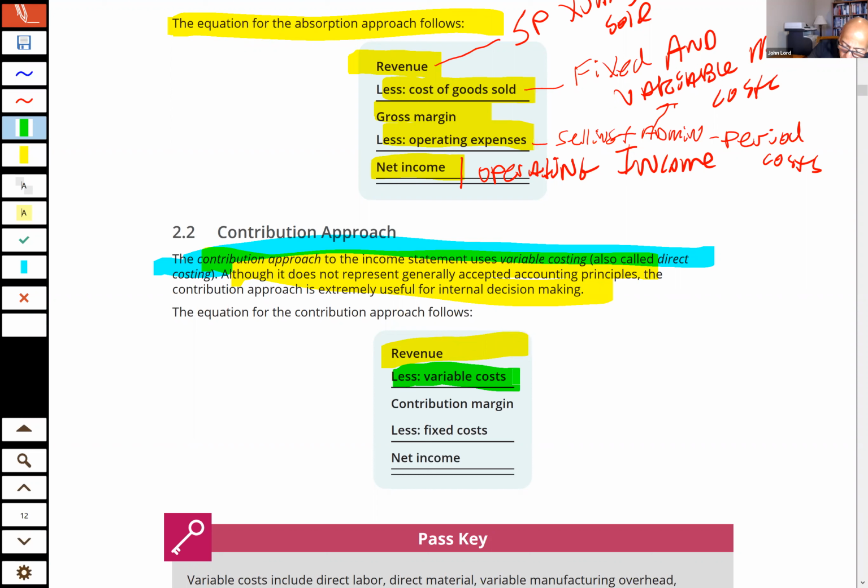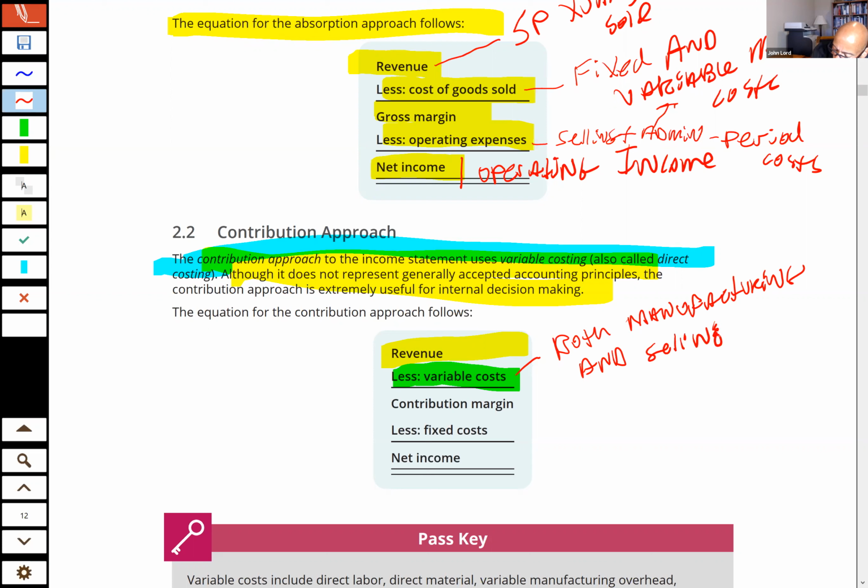And this is all variable costs, both our manufacturing and selling and admin.